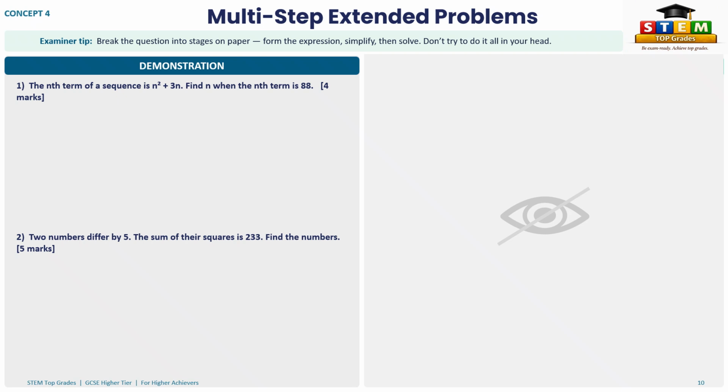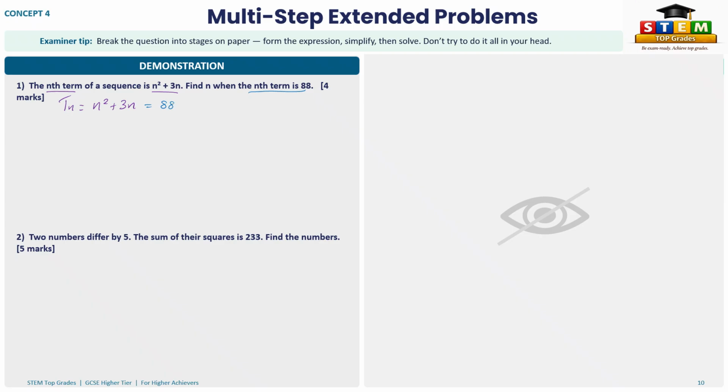So let's get started with defining what the term n is. This is the nth term, n squared plus 3n. It says the nth term is equal to 88, so let's make it 88.